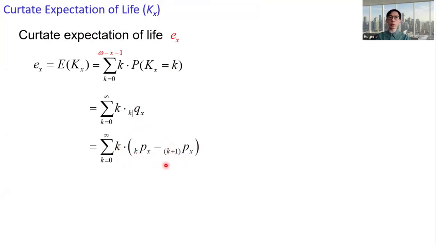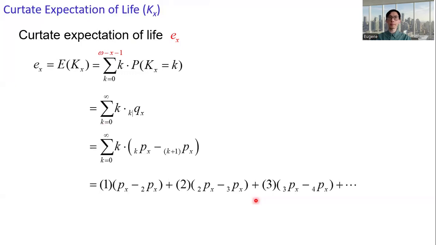So we start with k equals 1. The first term, with k equals 1, gives 1 times px minus 2px. The second term, 2 times 2px minus 3px, etc. And then simplify this expression. For the terms px, we simply have 1 times px.